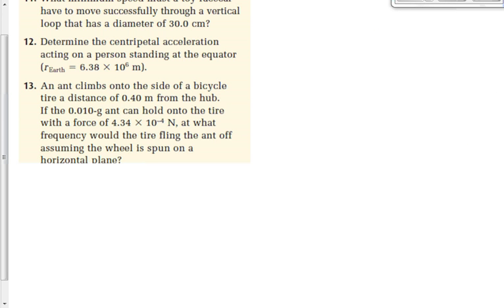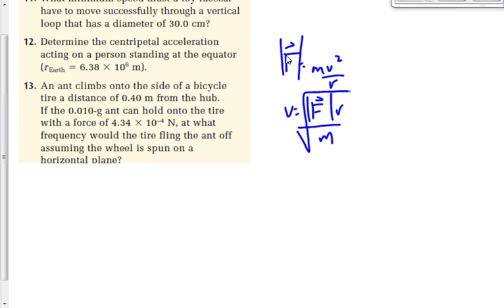Well, the centripetal force is mv squared over r. Let's get v. The r goes up by multiplying, the m goes down by dividing, and then we square root that. R is 0.4 divided by the mass, 0.01 converted to kilograms.